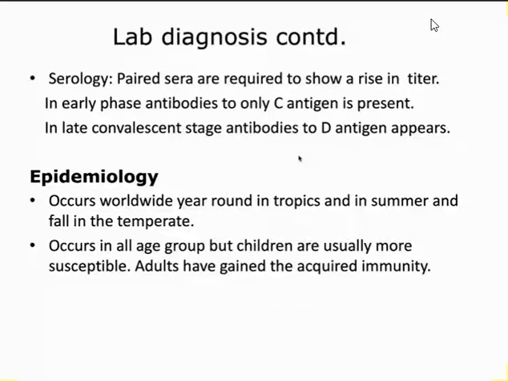Now epidemiology. It occurs worldwide, in all age groups, but children are more commonly affected or susceptible. Adults have gained acquired immunity, that's why it is less common in adults. It is spread by the fecal-oral route, as I've already mentioned, and the important point is that they can excrete the virus for several weeks in the feces, even after the convalescent or recovery phase.